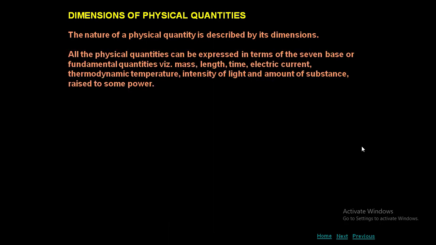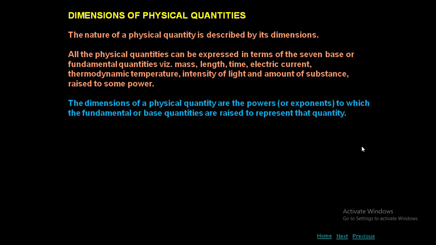All the physical quantities can be expressed in terms of the 7 base or fundamental quantities, that is mass, length, time, electric current, thermodynamic temperature, intensity of light, and amount of substance raised to some power. The dimensions of a physical quantity are the powers to which the fundamental or base quantities are raised to represent that quantity.